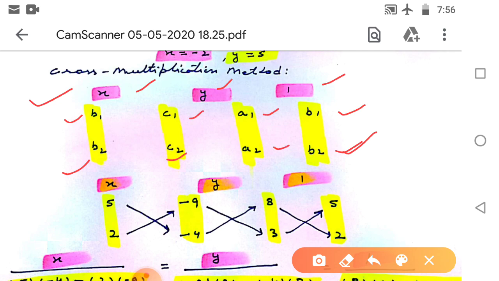Now from the equation, the value of b1 is 5, the value of b2 is 2, the value of c1 is minus 9, the value of c2 is minus 4, the value of a1 is 8 and the value of a2 is 3, and the value of b1 is 5 and the value of b2 is 2.